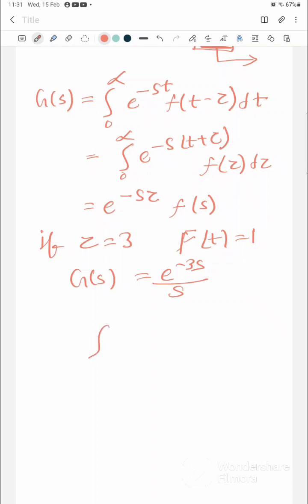So the Gs solution comes out to e to the power minus 3s by s.